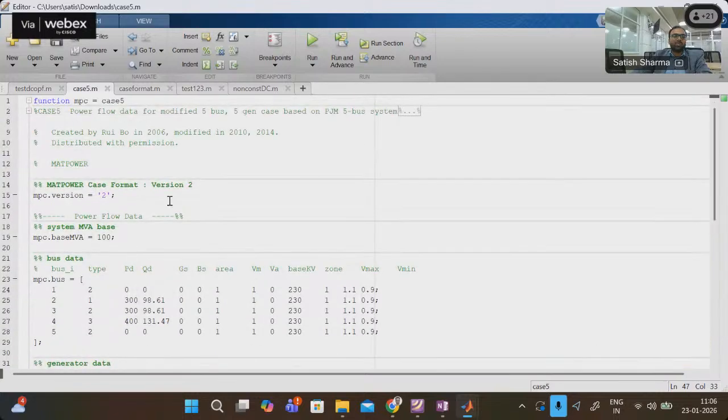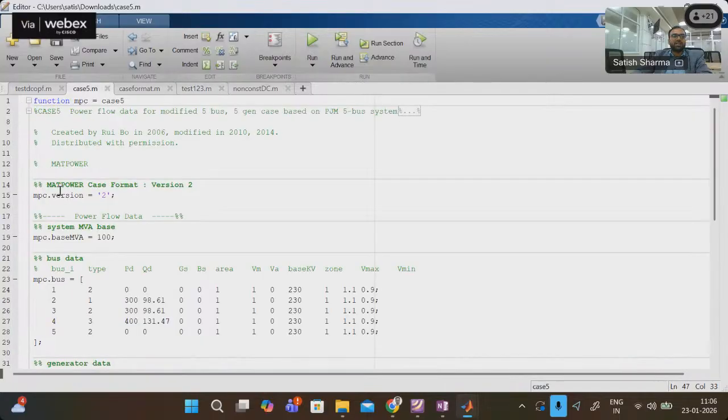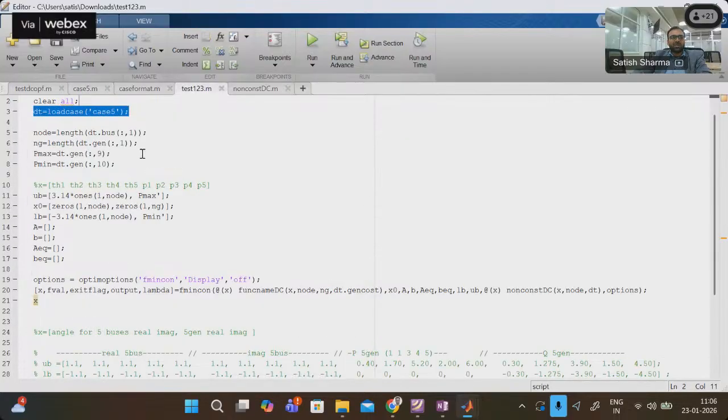You can copy all of these matrices which are available in case 5. I will share this case 5 and you can paste it at this particular location. Instead of MPC, where it is written MPC dot version, MPC dot bus, just use DT, because this is what we have used in the rest of our program. Then you will be able to run this code.